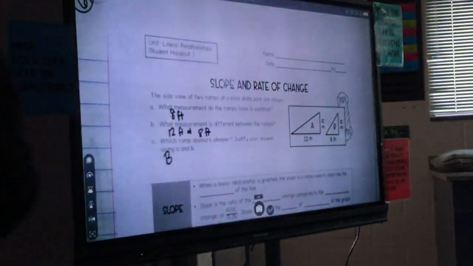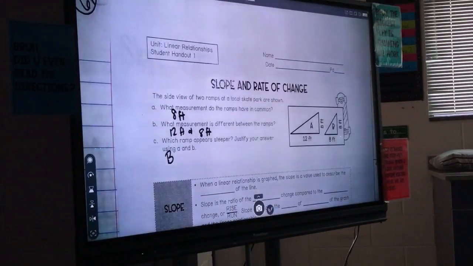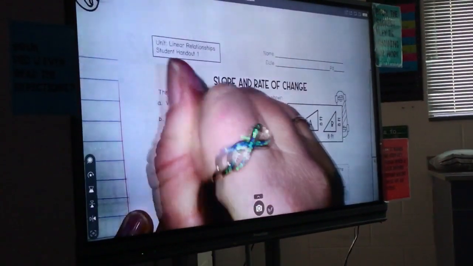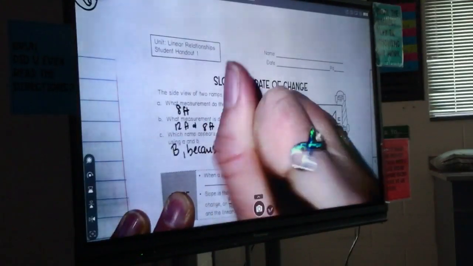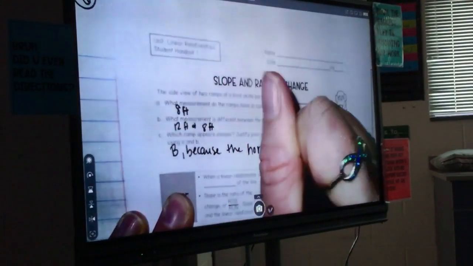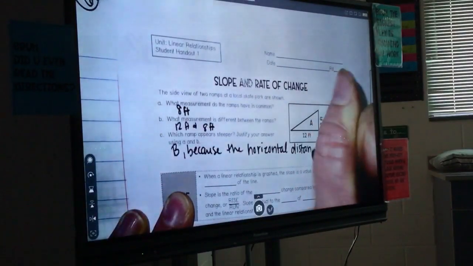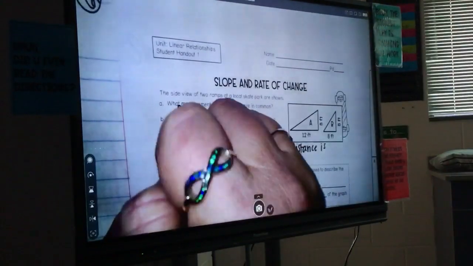So we can't say that it's more vertical or less vertical, because technically you guys told me that the height is the same. So it has to do with how much we go horizontally. All right, so B, because the horizontal distance is different.